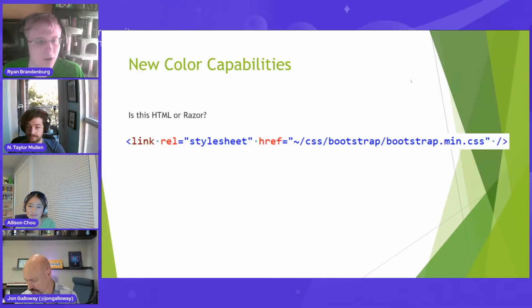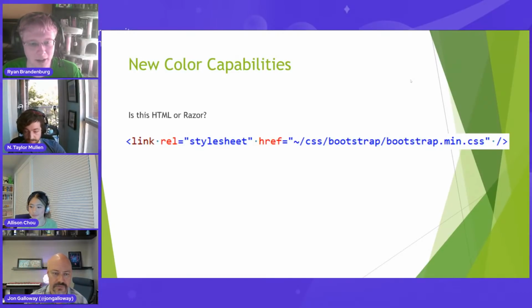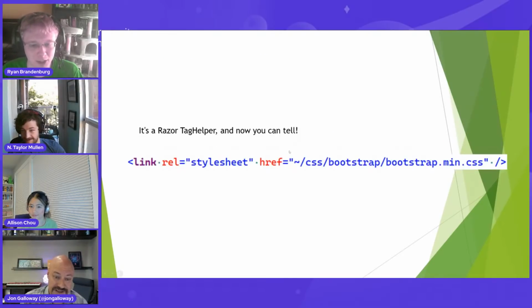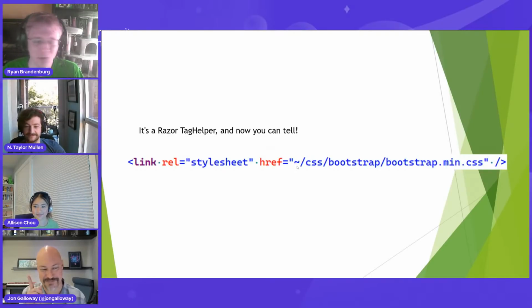Other things that we did was improve readability. Here we have a link tag. Is this HTML or is this Razor? It's Razor because of that tilde. And the other thing that keys it for me is that purple on the link.